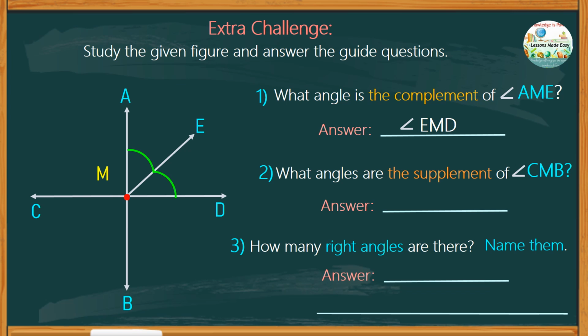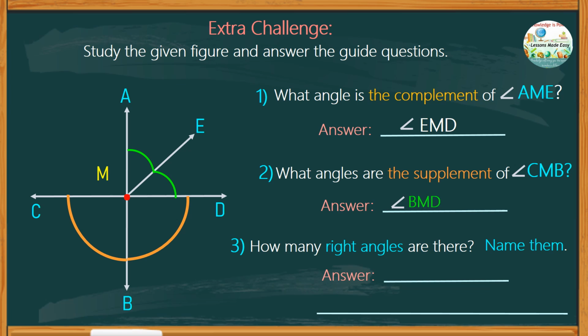For number 2, just find which angle to pair with angle CMB to come up with 180 degrees, forming supplementary angles. Here is one of them. On this side, the supplement of angle CMB is angle BMD. Here is another one.